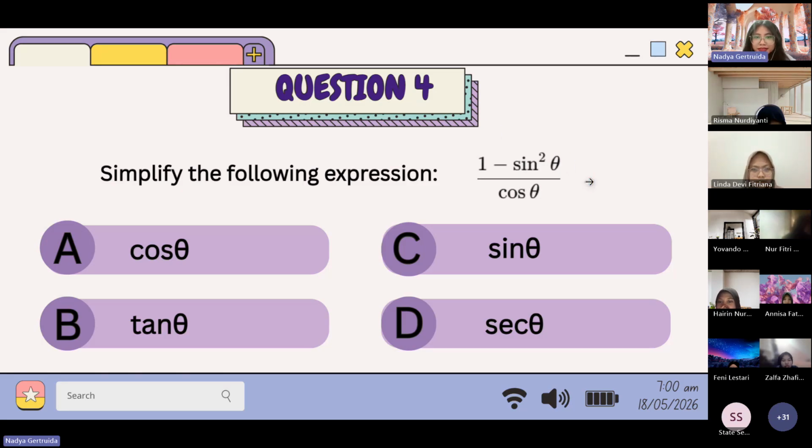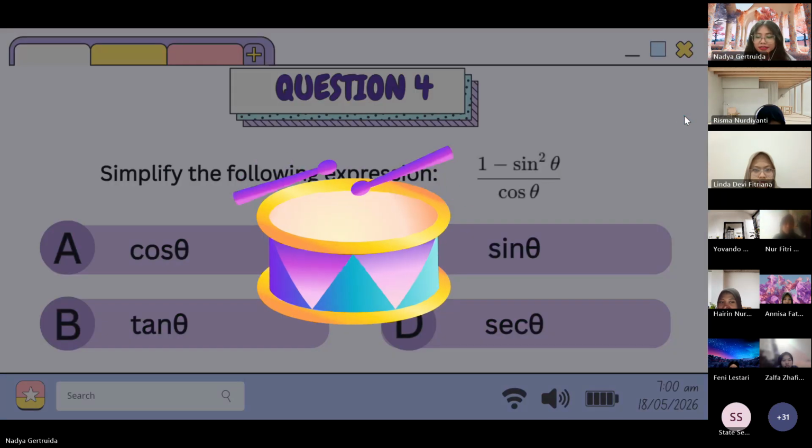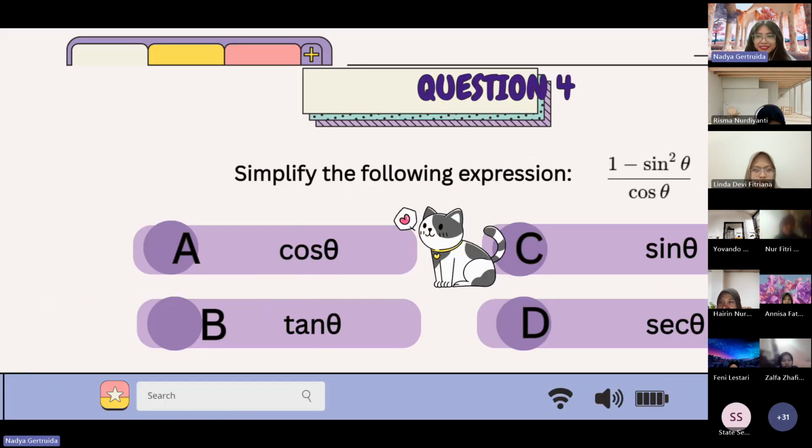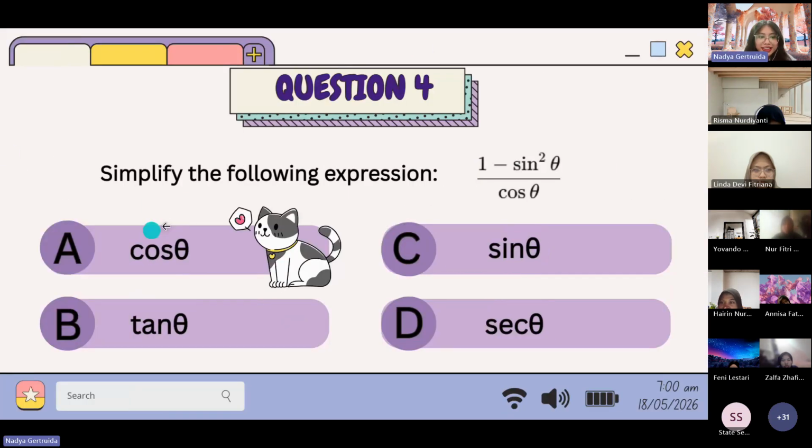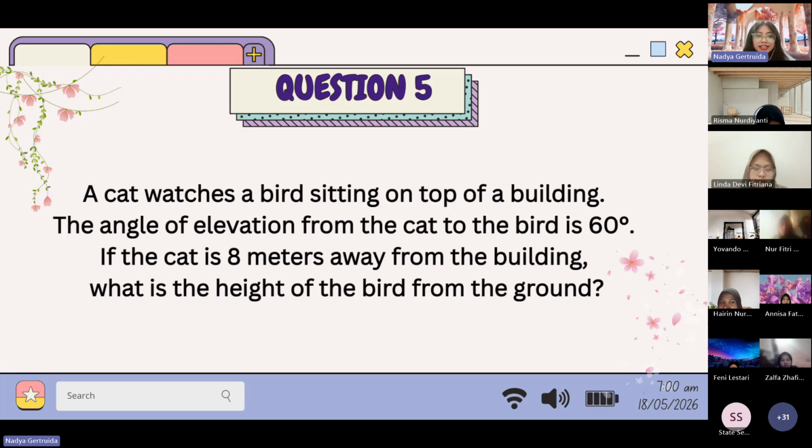My answer is A, cosine theta. Okay, let's check. Your answer is correct. The answer is cosine theta. Thank you, Kansa. And this will be the last question.